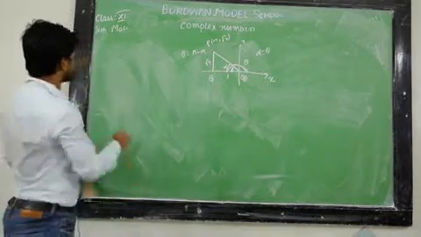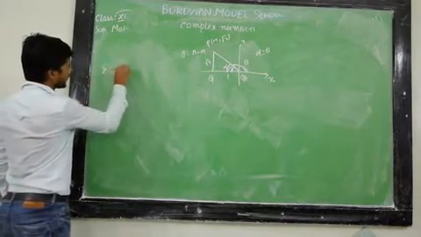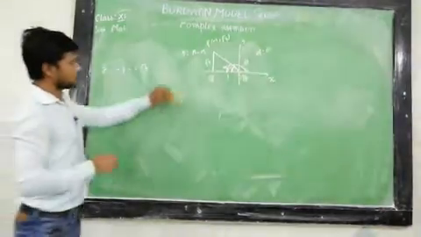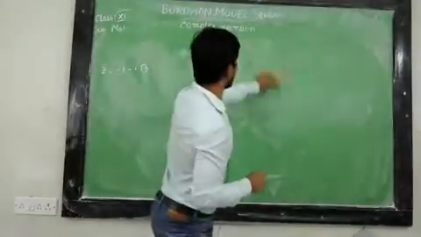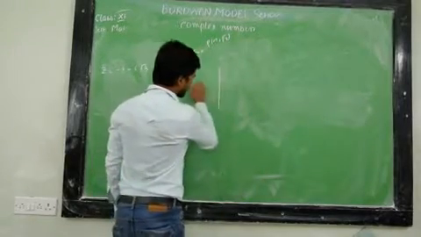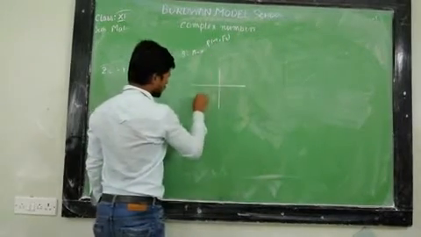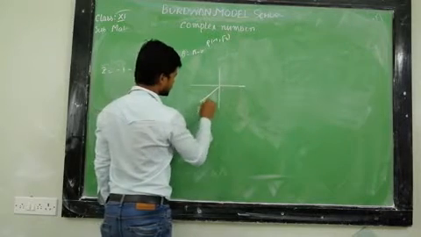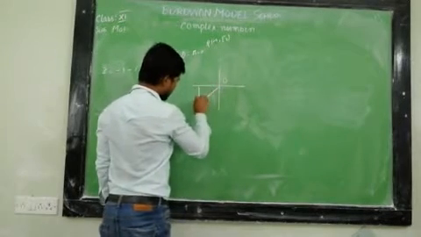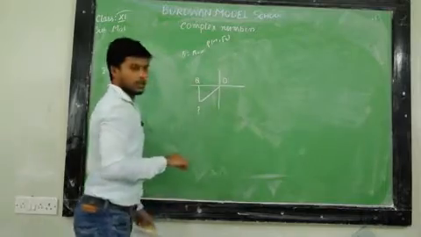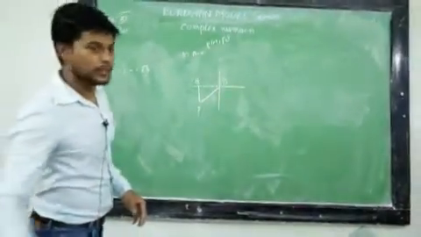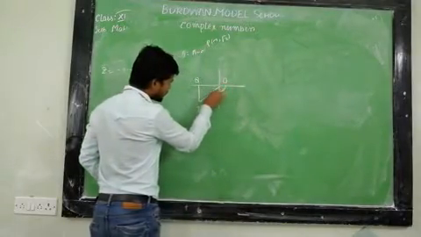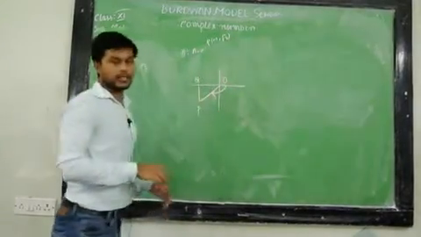Now in the third quadrant, let z = -1 - i√3. If I draw the diagram, this point is P, this is O, and if I draw a perpendicular line, Q. If we calculate the principal argument, then in that case we have to calculate it in the clockwise direction.